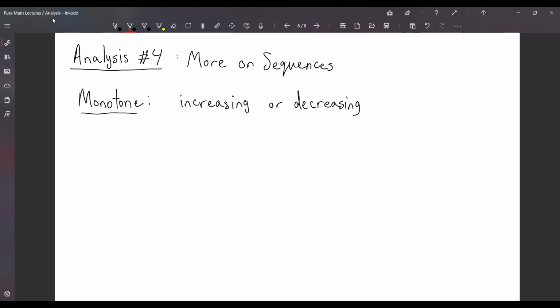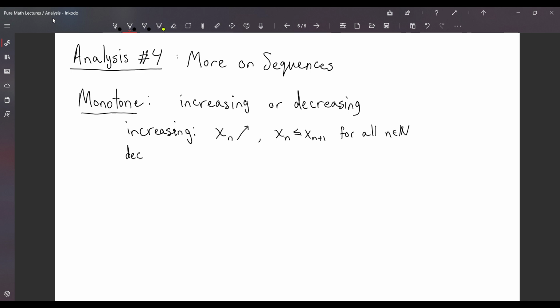So if it is increasing, we denote this as x sub n with an arrow going up and right. And this means that x sub n is less than or equal to x sub n plus 1 for all natural numbers n, right? So each next term in the sequence is always greater than or equal to the previous term.